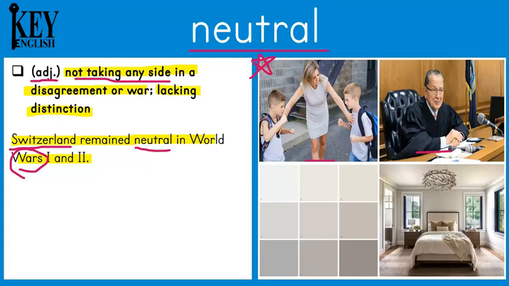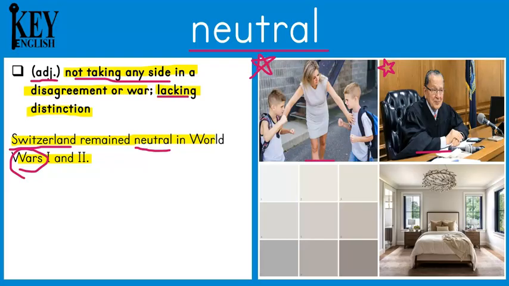The same is true with a parent who has two children. They need to be neutral and listen to both of the children before making a decision. A judge is also someone who has to be neutral. The judge can't have an opinion about whether someone is guilty or not guilty before they hear the evidence. So the judge must remain neutral throughout the trial.